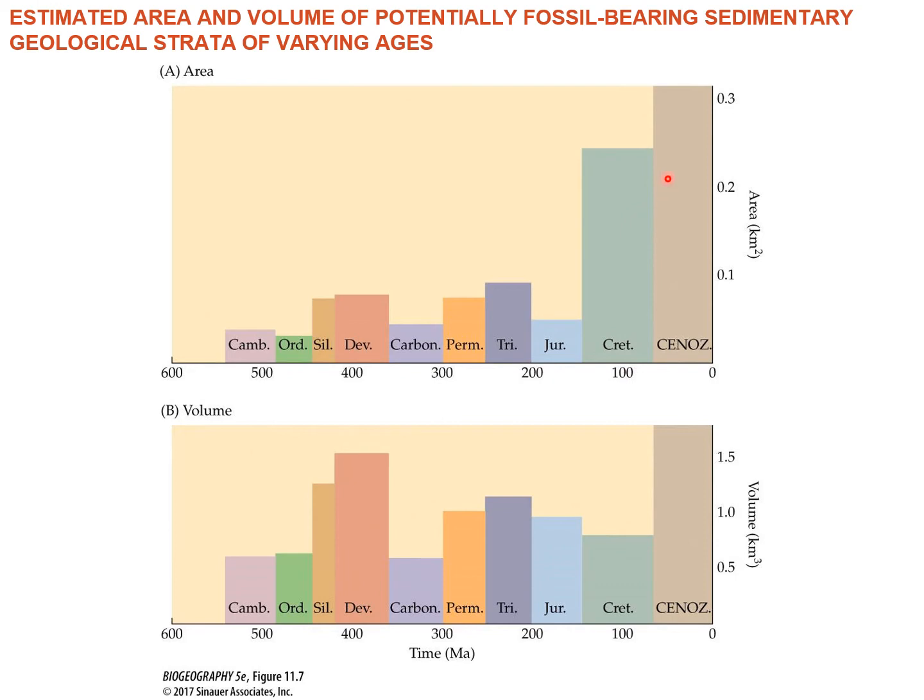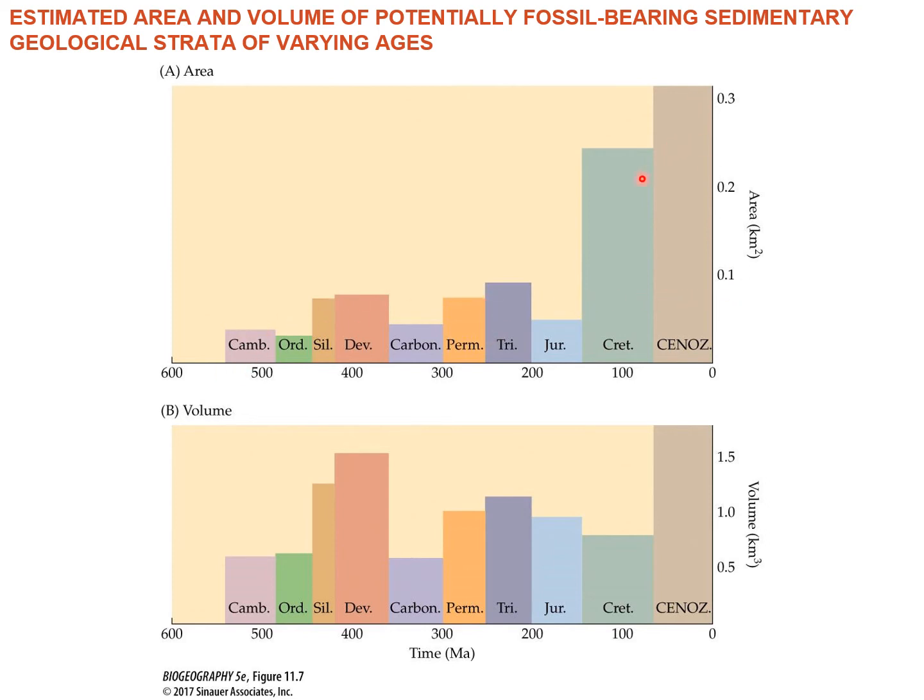The general trend is that if we start with area, you get a decrease as you go back in time in the area of geological strata that might contain fossils. And a lot of this has just been lost over time.